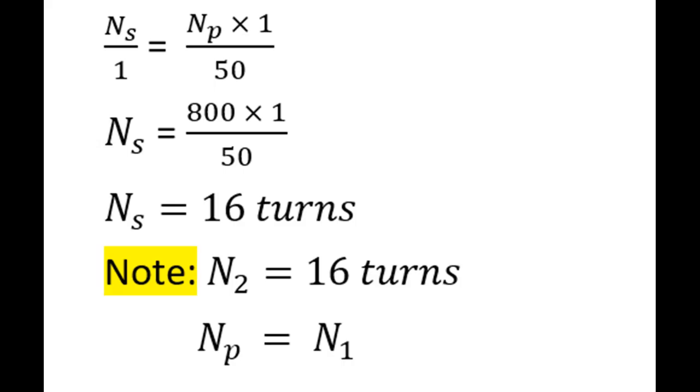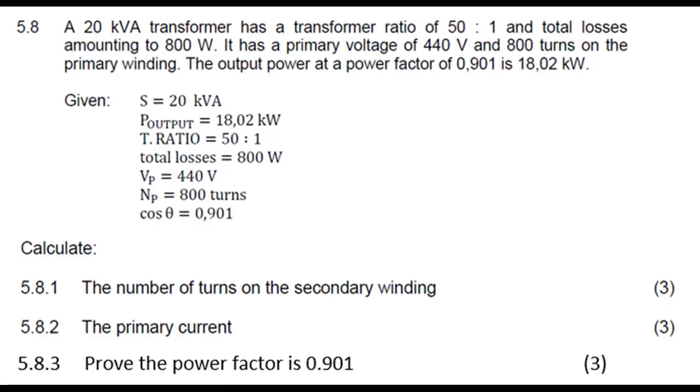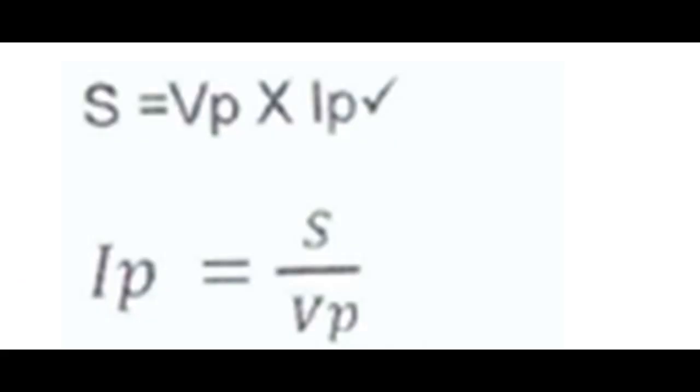The second question wants us to calculate the current on the primary side, the primary current. Calculating the primary current, we know that S is equal to V times I, but we have to use both primary numbers, which will be Vp times Ip.